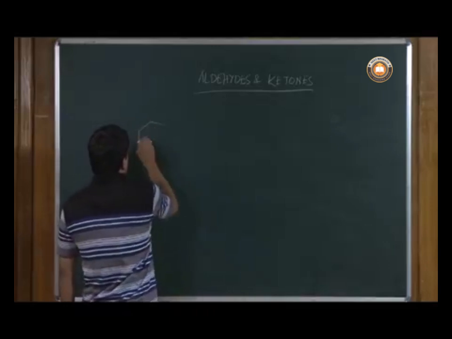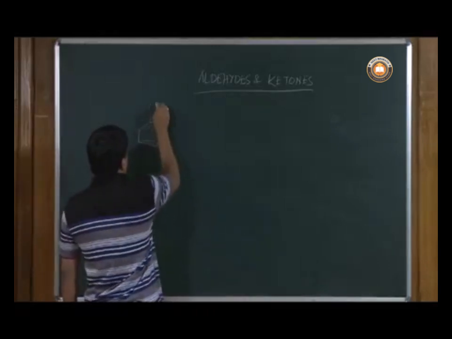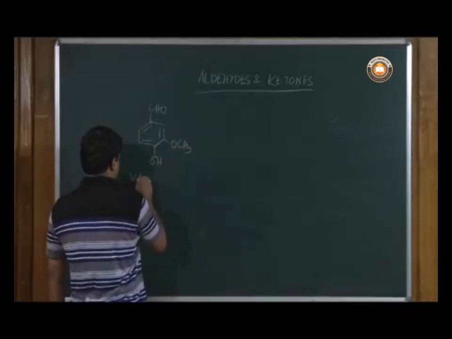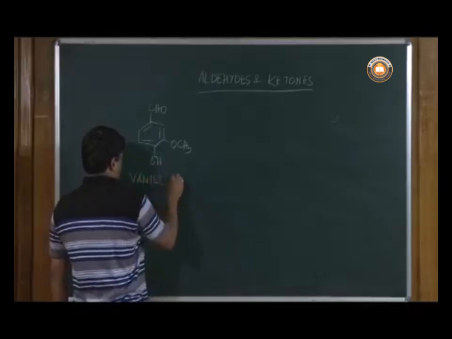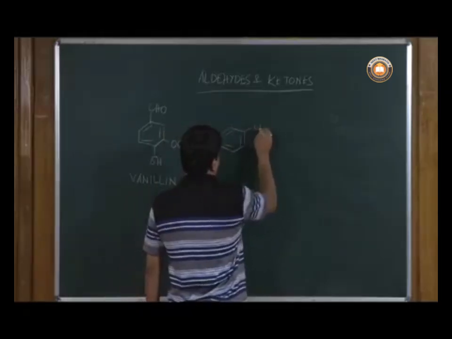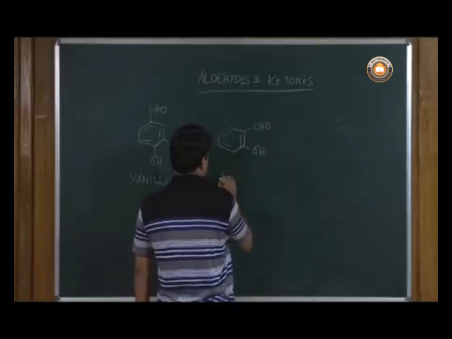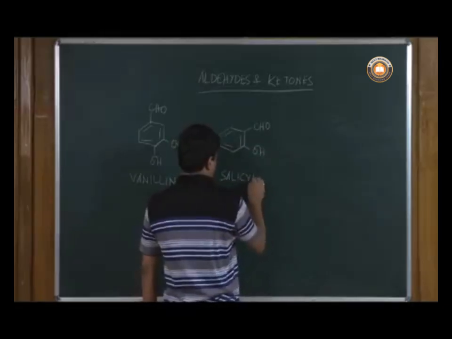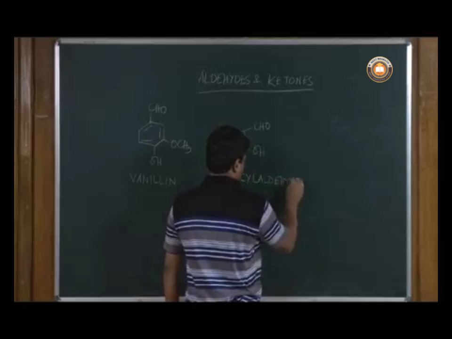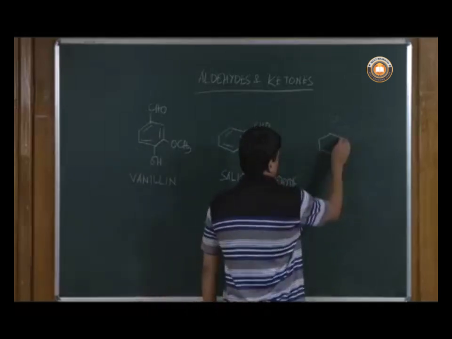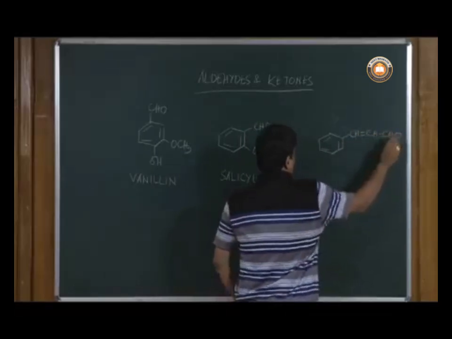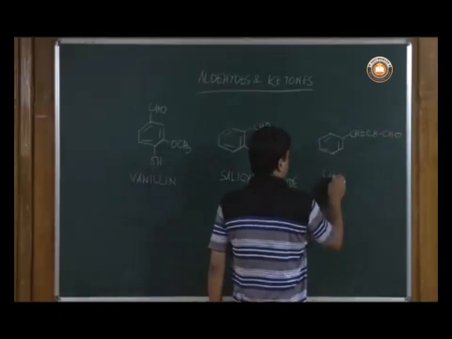So, the structures are vanillin, and this is an alpha beta unsaturated aldehyde, which is called cinnamaldehyde.